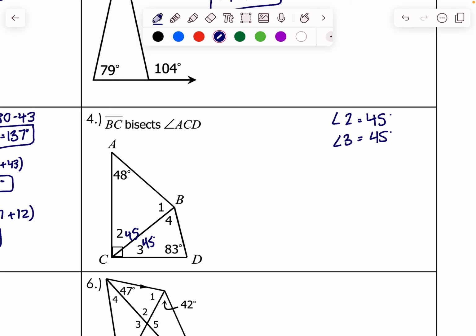Then it creates 2 triangles where we know 2 out of the 3 angles. To get angle 1, I add those together, so 45 plus 48, subtract from 180, and I get 87. And for angle 4, pretty much the same thing. Add them up, 45 and 83, subtract from 180, and I'm going to get 52.